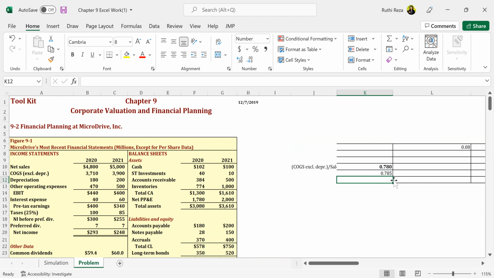In my case, I want to see the sensitivity of my net income to the cost of goods sold as percentage of sales in the range of 77% to 79%. Now, remember, these assumptions are for the year 2022.